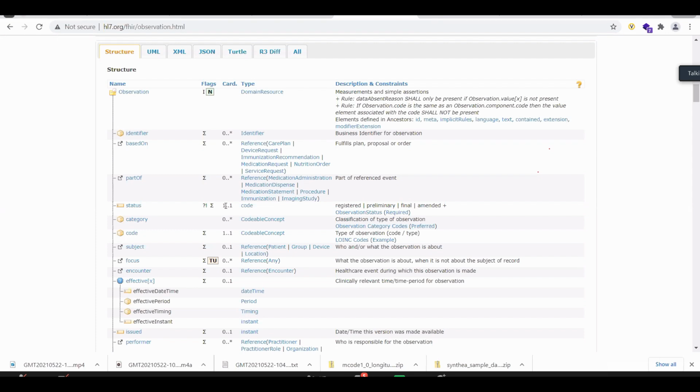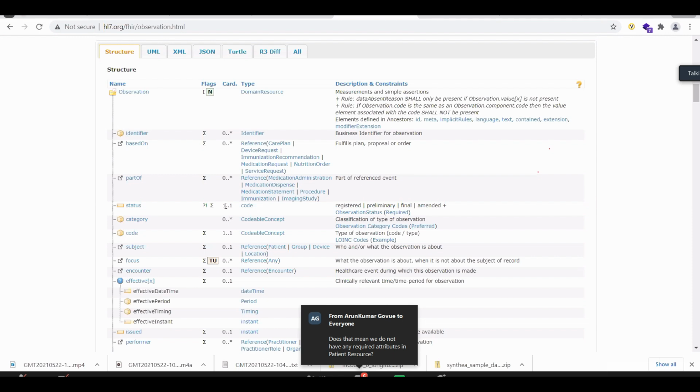Must support, on the other hand, is something that is good to support. It should be supported by the server, but the constraints are not that strict. If you have that data, you should be supporting it. It's more of an instruction, saying that if this particular attribute comes from the client, you should be honoring it and supporting it.